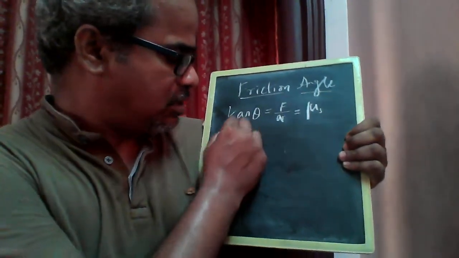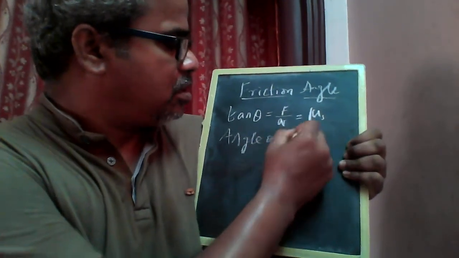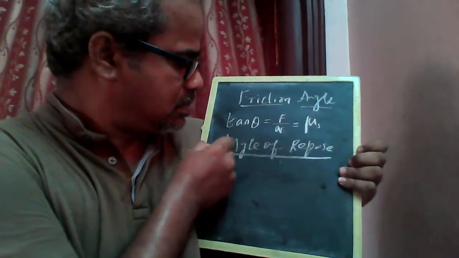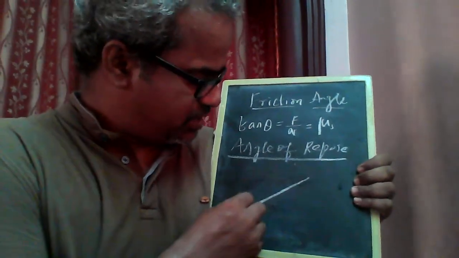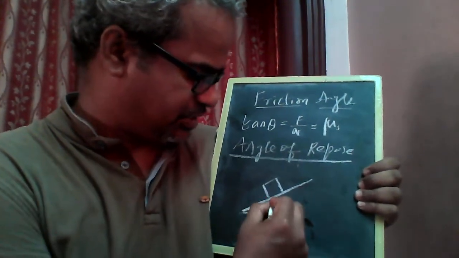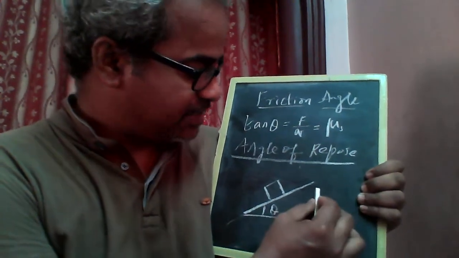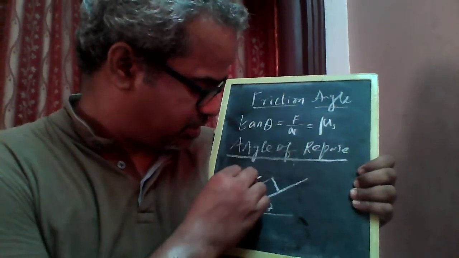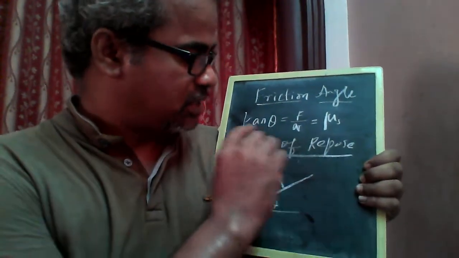Then angle of repose. What is this? The angle of repose is nothing but, if a body is on an inclined plane, at the steepest inclination of the contact surface at which the body tries to slide downwards, that inclination is called angle of repose.